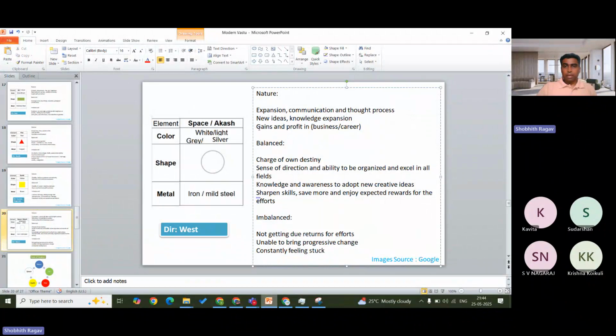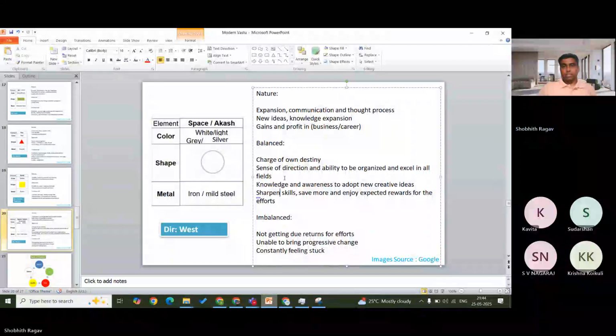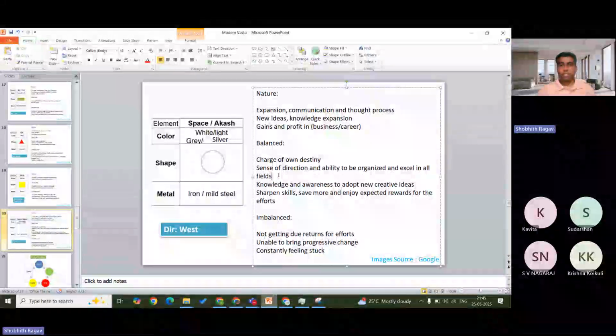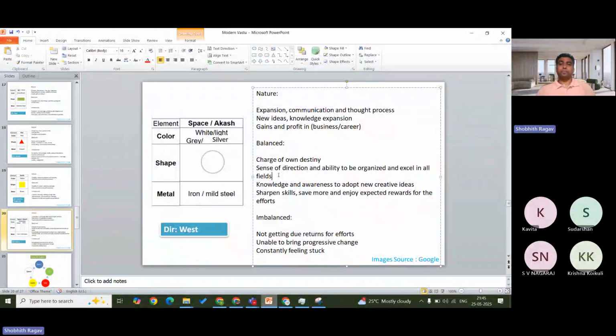If it is in a balanced state, you can take charge of your own destiny. It will give a sense of direction, ability. That means you will have the clarity: this is how I have to excel in the business, this is how I have to grow the business. You'll be self-reliant with ideas, and it will be easy for you to take decisions and grow in the business.